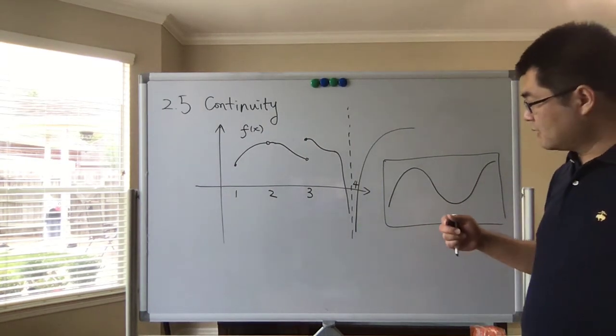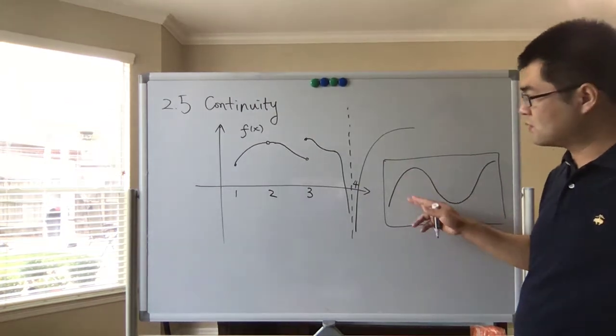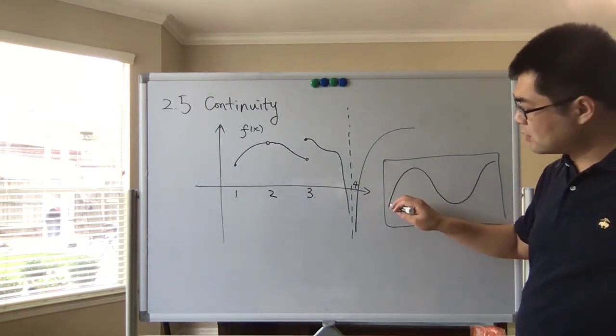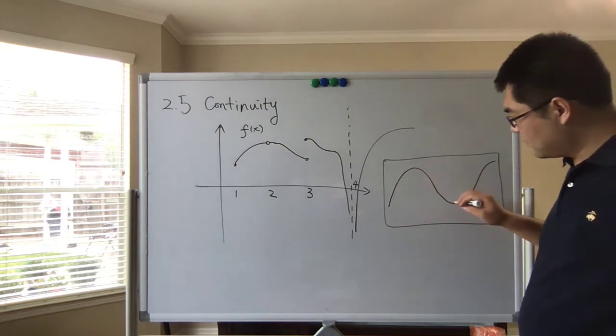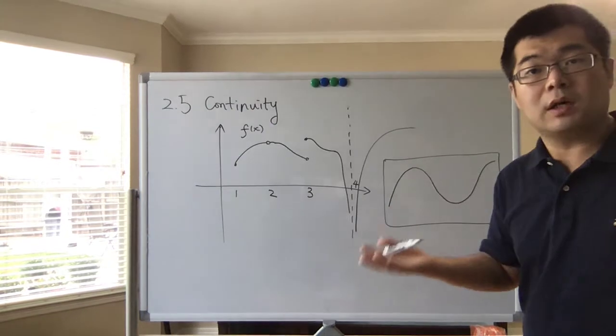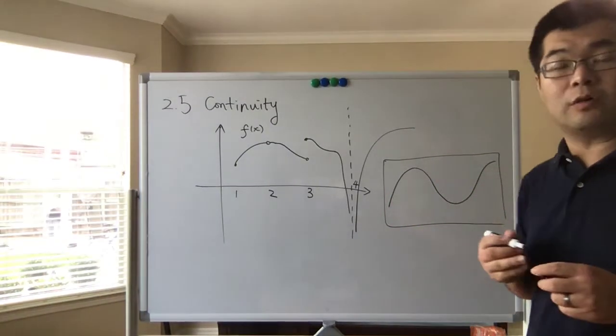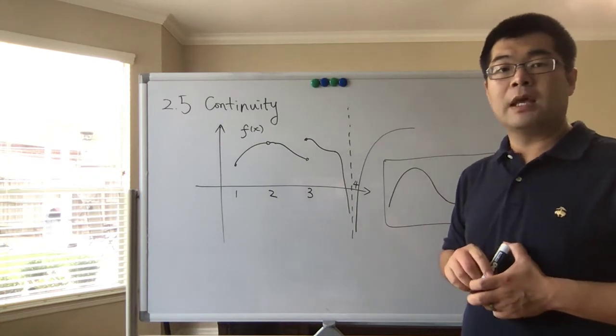The graph is smooth, so when you draw with a pen, you never lift the pen off the board. We call this function continuous on this given domain.